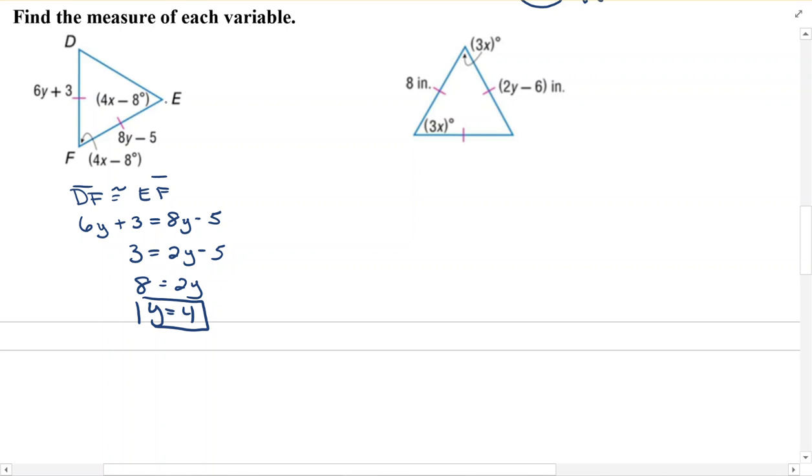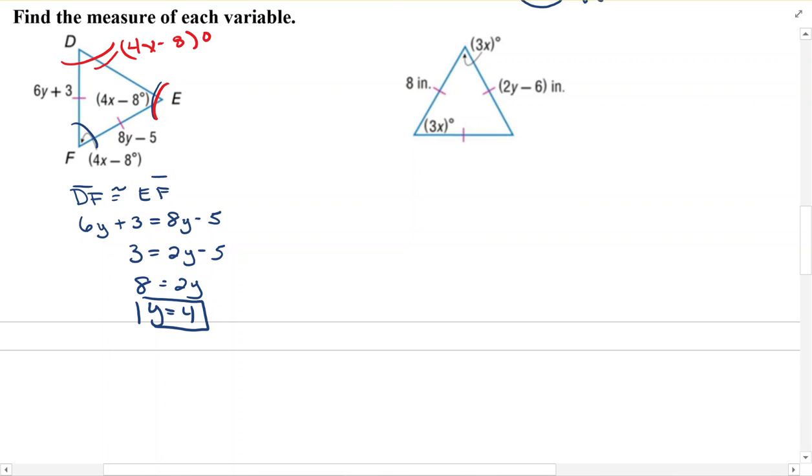But if this angle E right here is equal to 4x minus 8, well, if angle E equals 4x minus 8, and angle F equals 4x minus 8, yet we know it's isosceles, so we know that D has to be congruent to E, then D also has to be 4x minus 8.